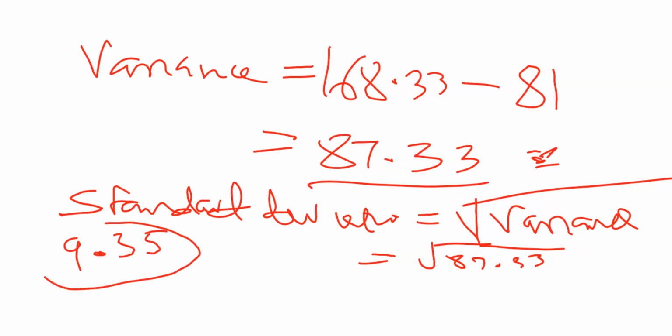So this is the answer for standard deviation. Standard deviation is the square root of variance. If you square standard deviation, you get variance. You find the square root of variance, you get standard deviation. So that is just the solution to that question. We are done with that.